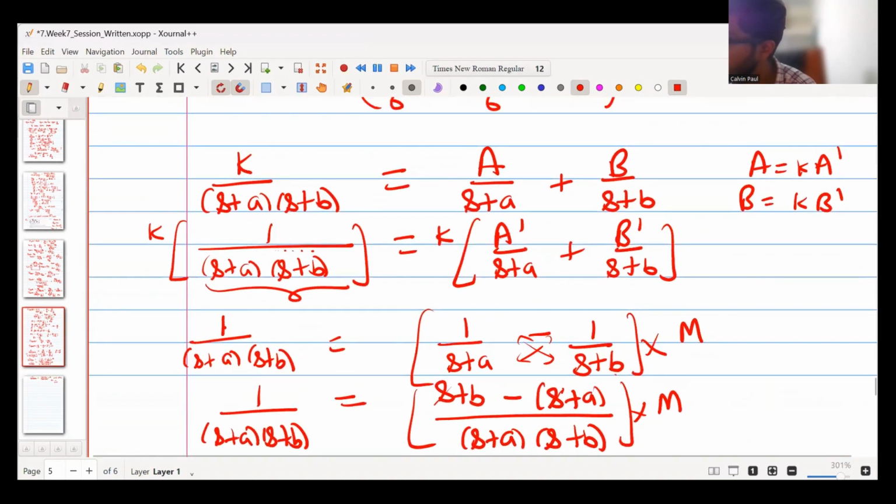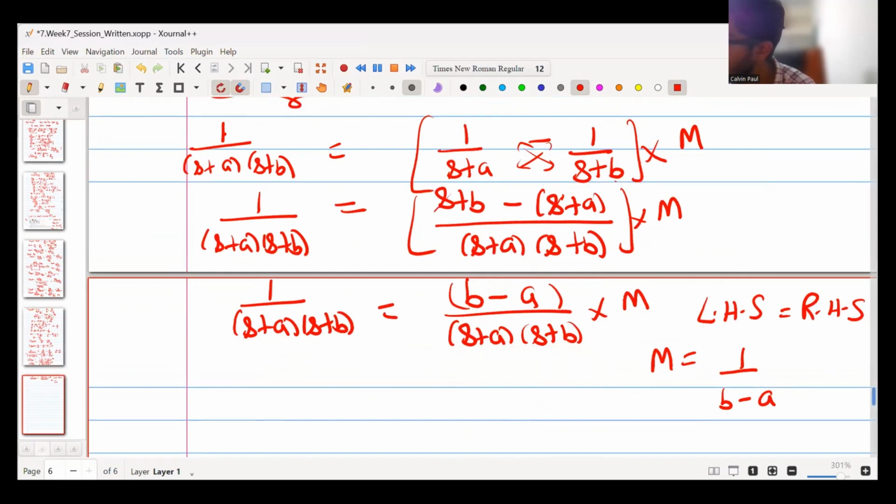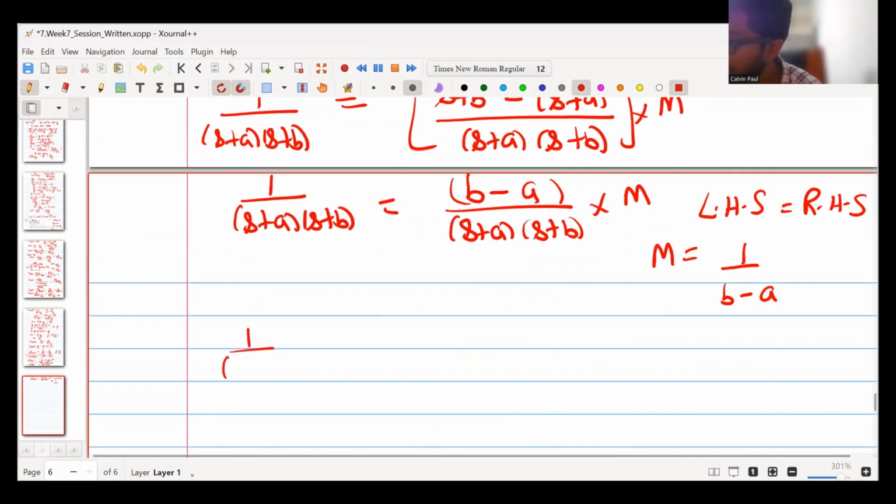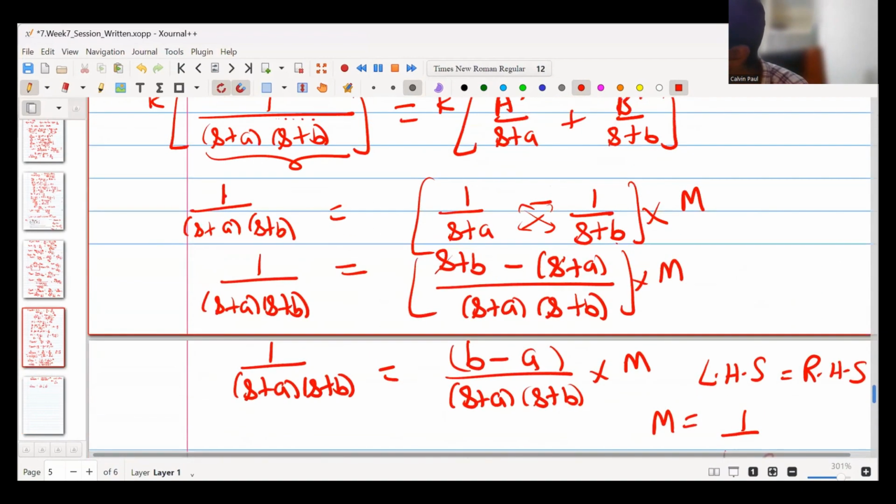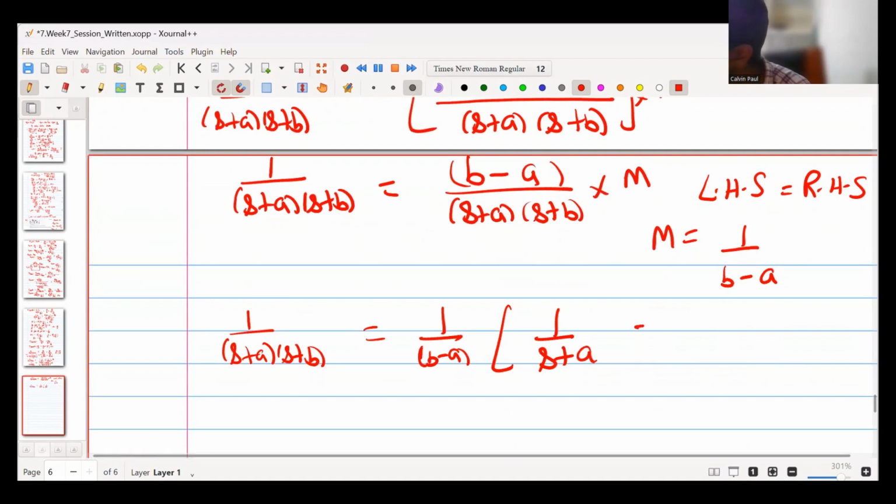So you will get 1 by s plus a into s plus b equals 1 upon b minus a into 1 upon s plus a minus 1 upon s plus b. This is a shortcut.